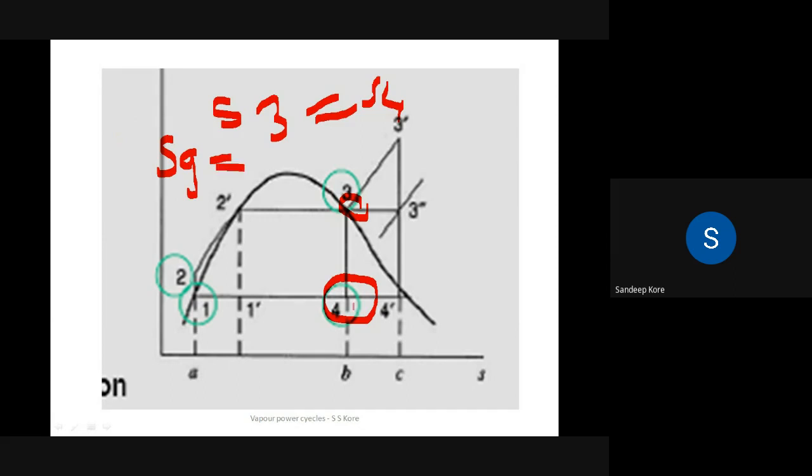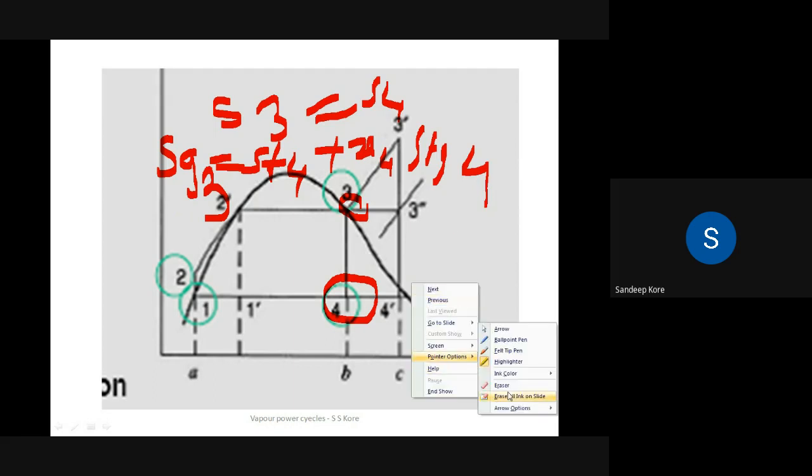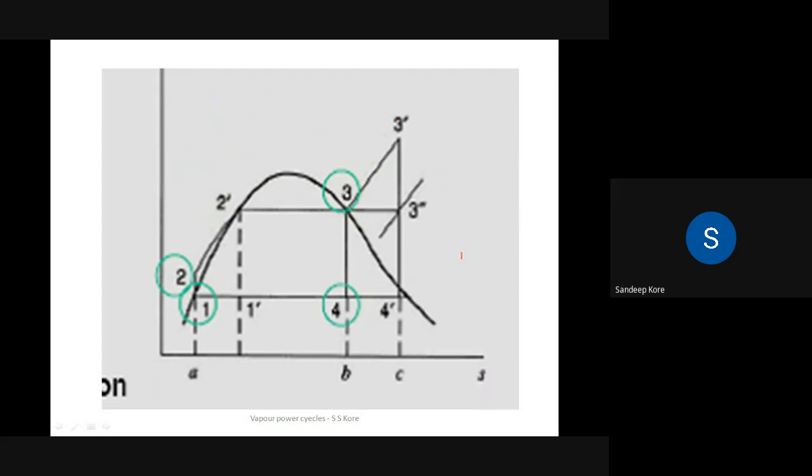And at point 4, it is wet, so it is Sf4 plus x4 into Sfg4. So S3 is equal to Sf4 plus x4 into Sfg4. Find out the dryness fraction, find out the enthalpy at point 4, and then find out the turbine work. Okay, so we have found WT.